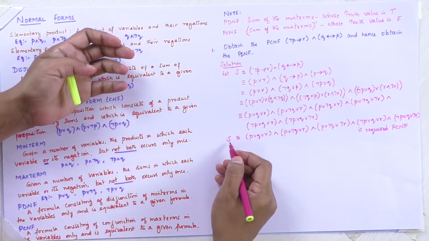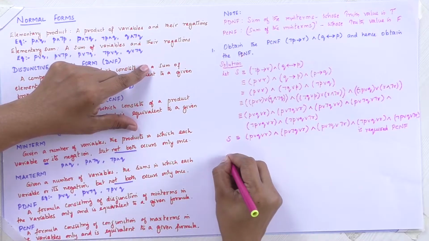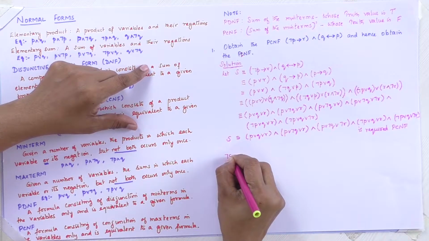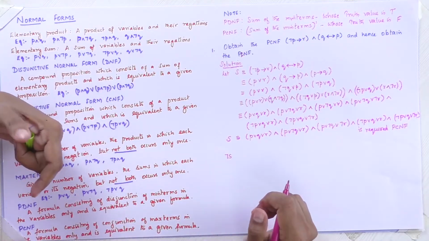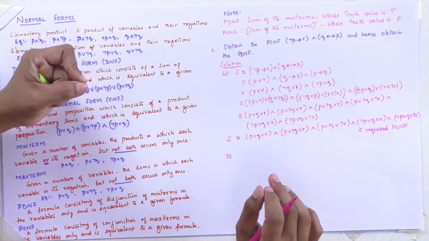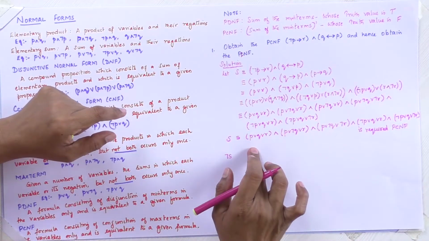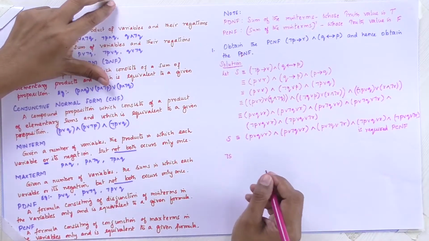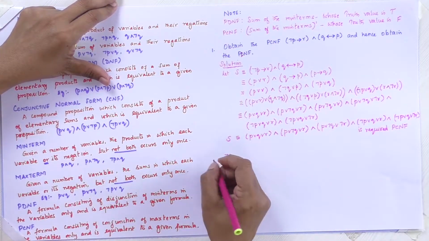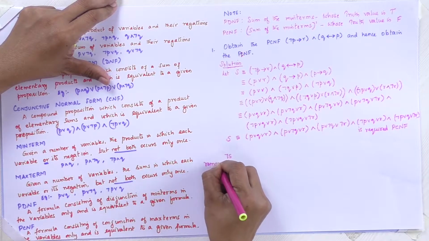So, now I have got my S. With this, I will find out the not of S. This not of S should be the remaining min terms that do not appear in my S. Understood what is meant by the min terms?